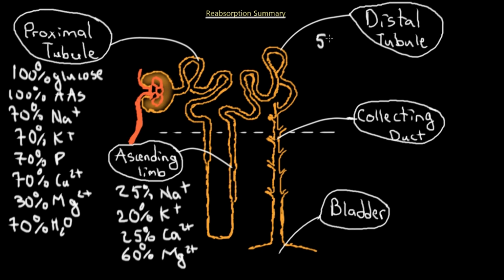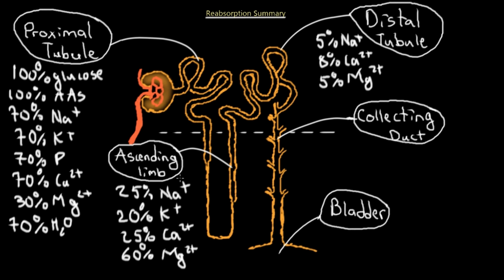In here, we're going to have 5% of sodium reabsorption, 8% calcium, 5% of magnesium, and water and some urea will also be reabsorbed in the distal tubule. However, the amounts are variable depending on how much water the person has, if they're dehydrated, if they're overhydrated. All of those things will come into play. However, that is not going to be the major site of reabsorption for water and urea.